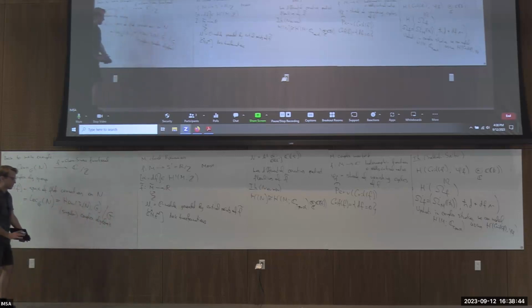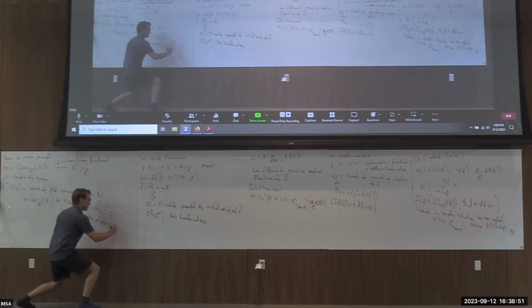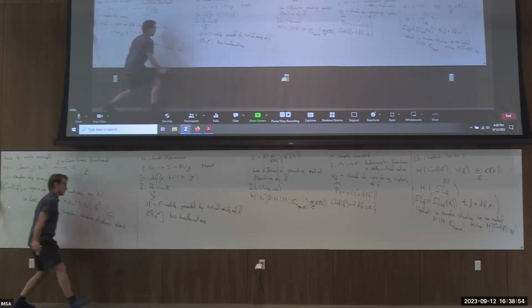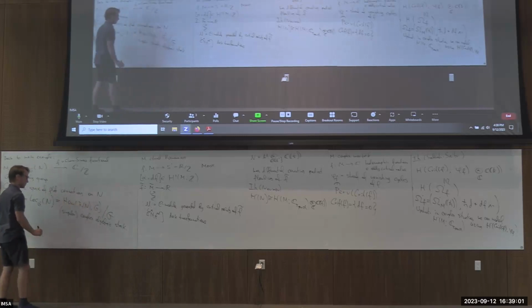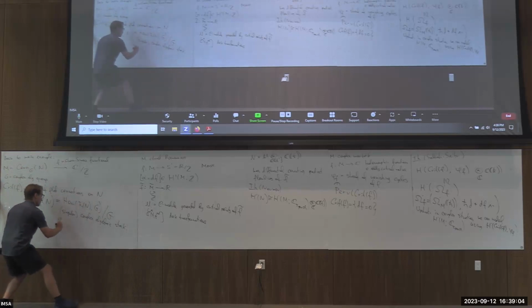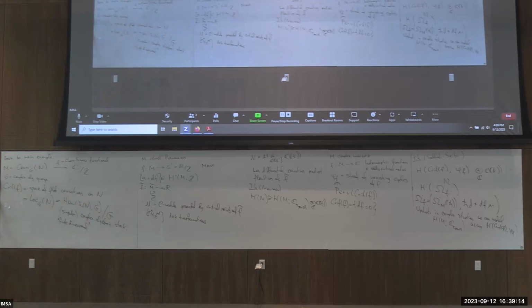The fact that it is a stack is not so important; I just want to remember the fact that it's a quotient by G. But it's on a finite dimensional variety. Okay, now the space is nice.